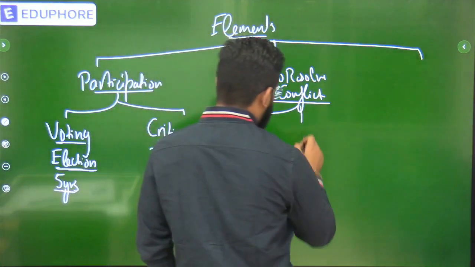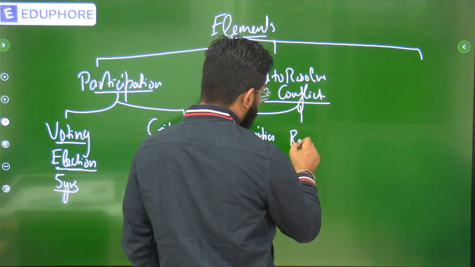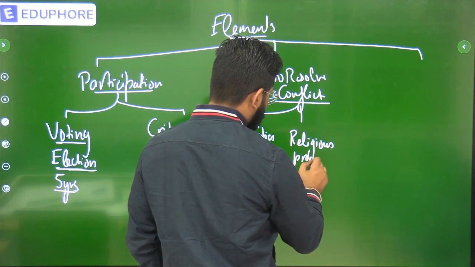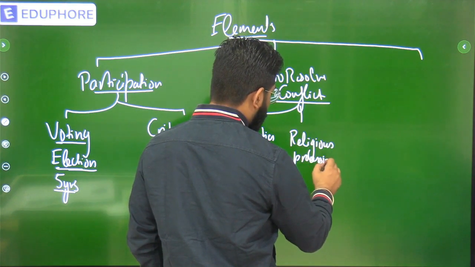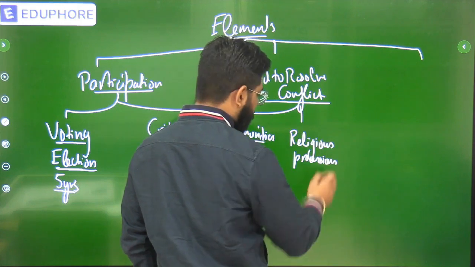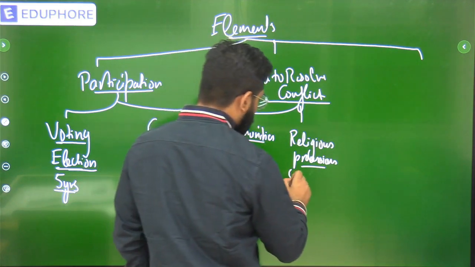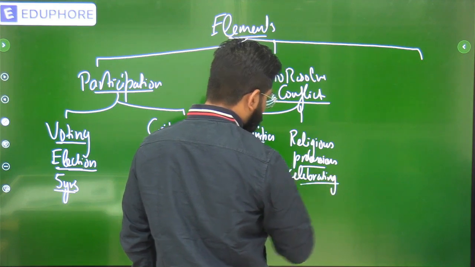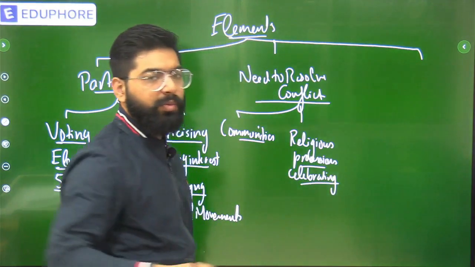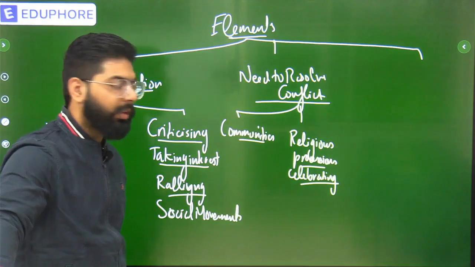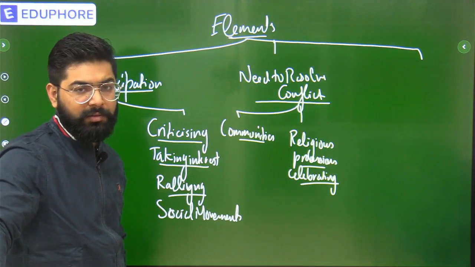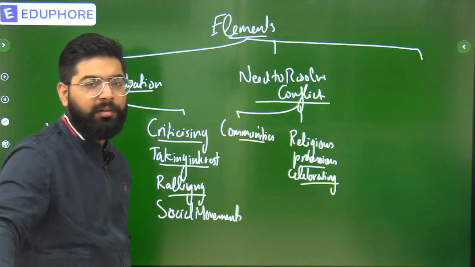The second type of conflict can be through religious processions. You are celebrating some practice on the basis of a religion and a dispute arises. So the democratic government's responsibility here is to resolve the conflict.